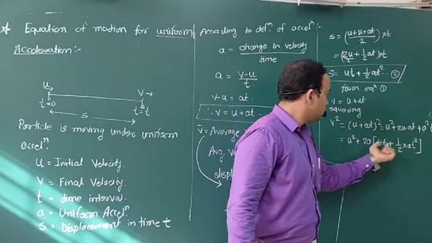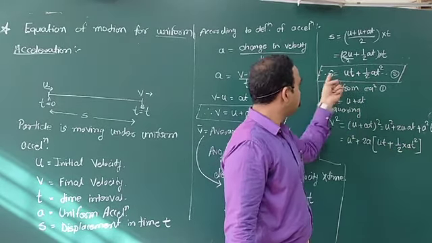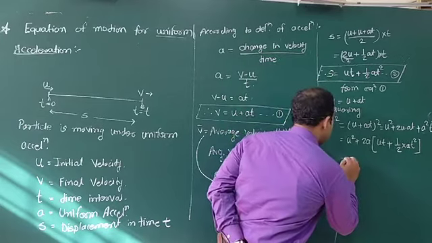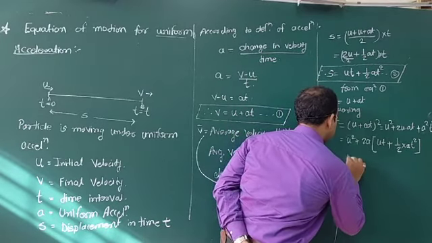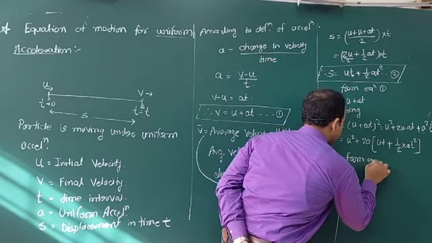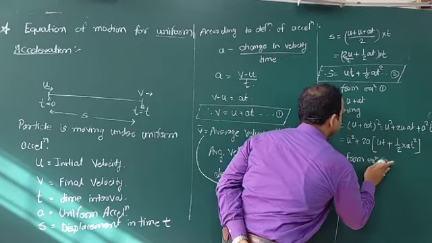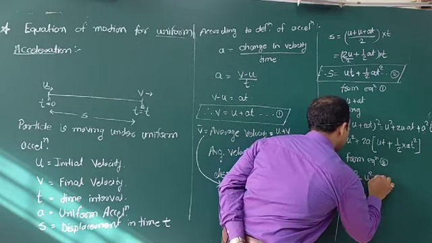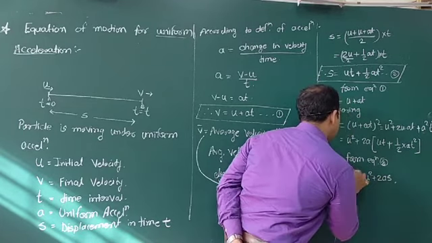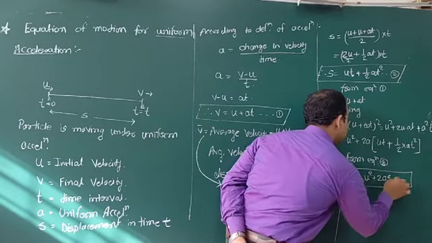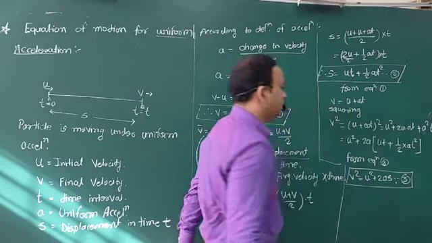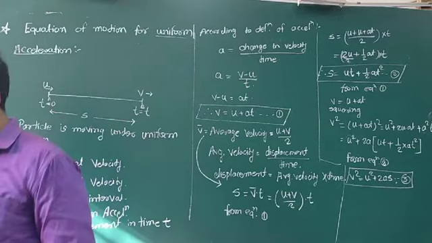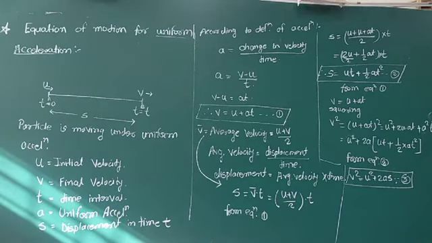So ut plus half at square, that means s, that is displacement. So from equation 2 we can write v square is equal to u square plus 2as. This is equation number 3. This equation is the third kinematic equation.